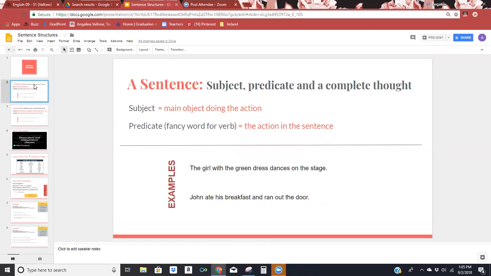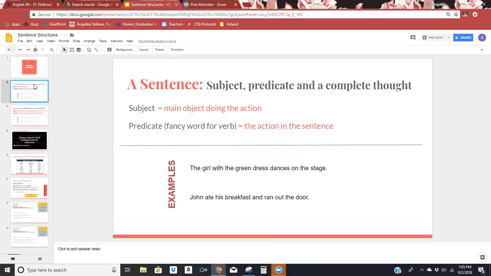A full sentence, a real sentence, is an independent clause because it has a subject and predicate and it's going to complete a thought. Other clauses are called dependent clauses, and they don't do this final element of completing a thought. So you must have those three elements to be a sentence: a subject, a predicate, and a complete thought.